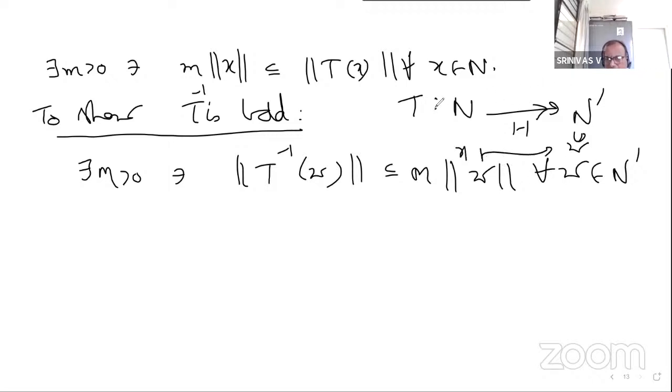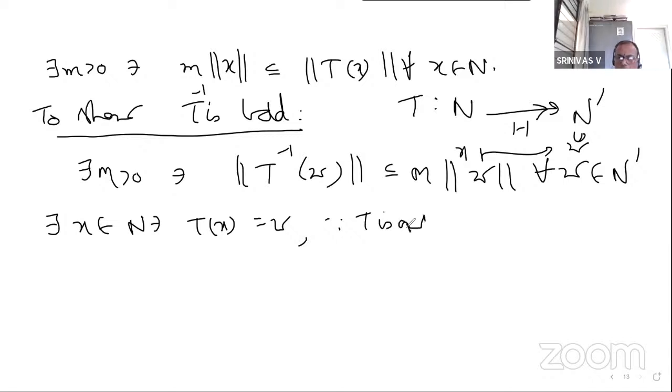Why? Because our function T is onto. Since W is in n dash, there exists an x in n such that T of x equals W, since T is onto. Because T is a surjection, for W in this there will be a pre-image which is taken to W.